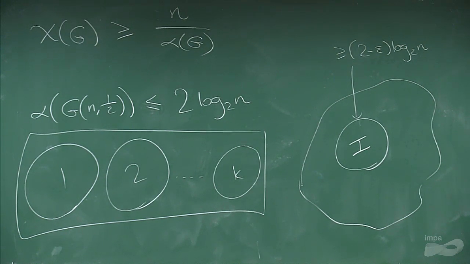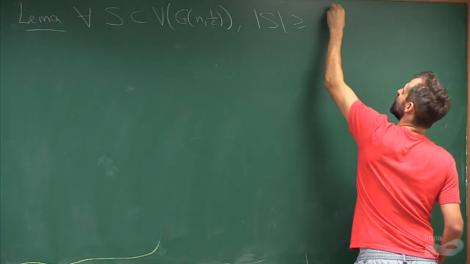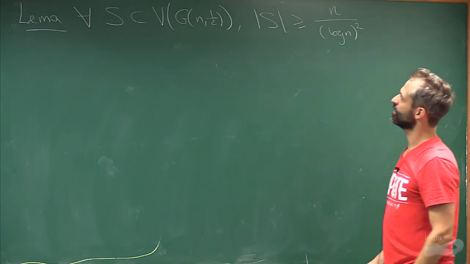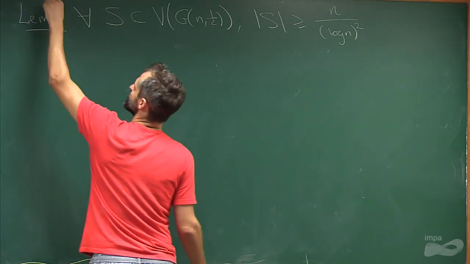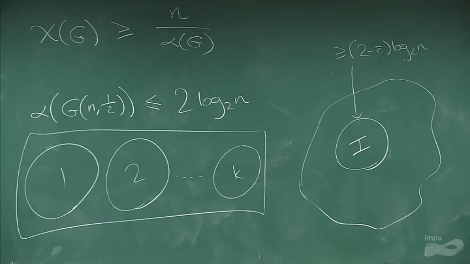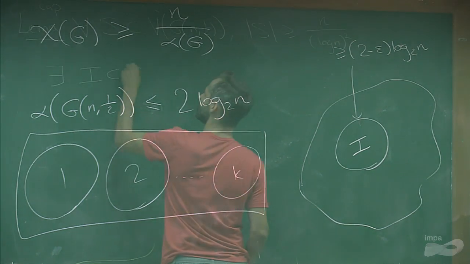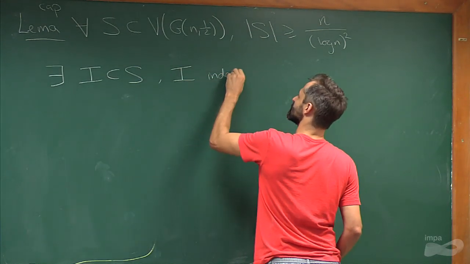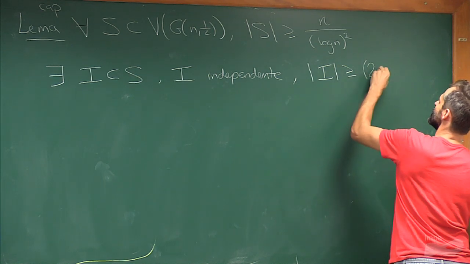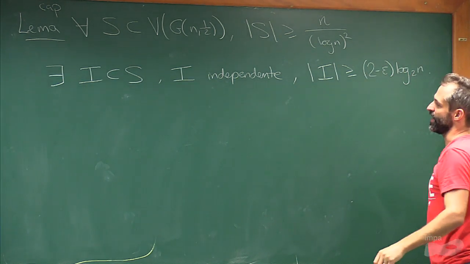We want to show that with high probability, G1/2 has the following property: for every subset of the vertices of G1/2 of size at least, let's say, n over log n squared (it doesn't really matter what we put here), every sufficiently large subset contains an independent subset of size at least 2 minus epsilon log to the base 2 of n.